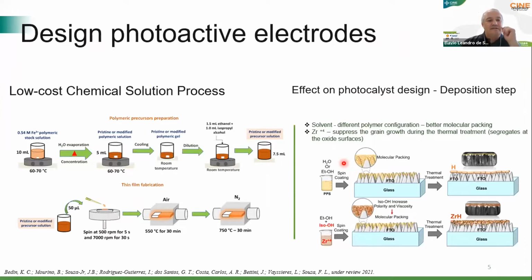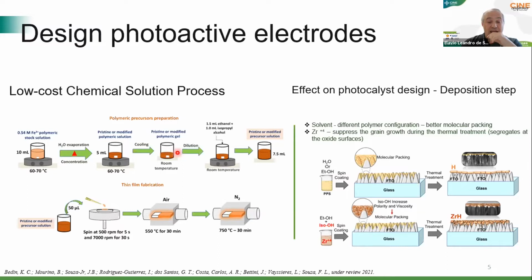Here is the typical chemical solution process, where you prepare a polymeric solution with the precursors you intend to use to prepare the photocatalyst. Once you have the polymeric gel or polymeric solution, all of this is made in water. What we decided to do is to control the viscosity, and we started to have success on that.